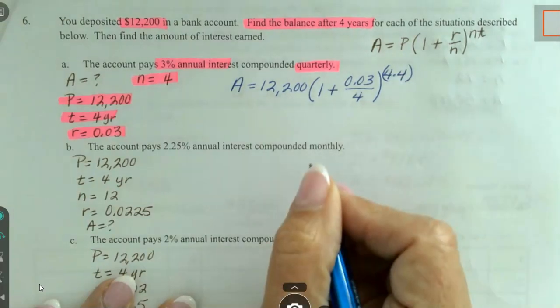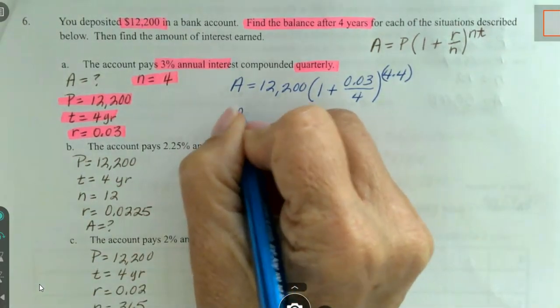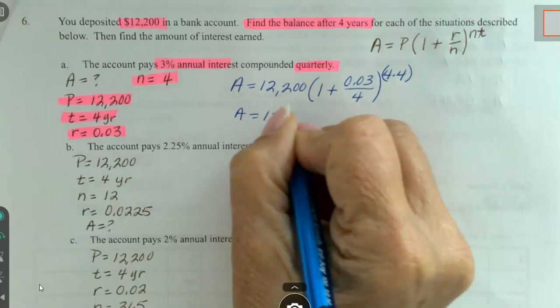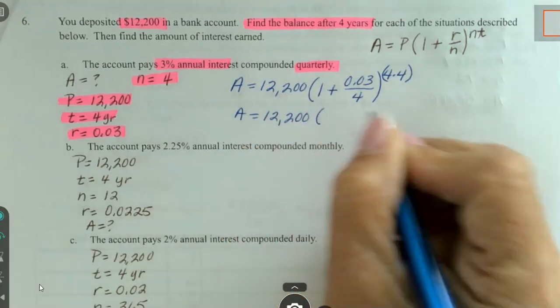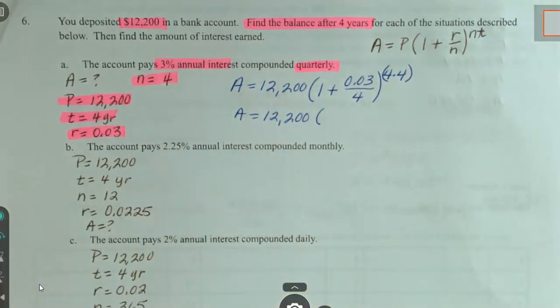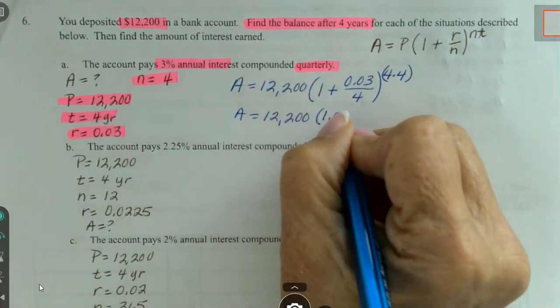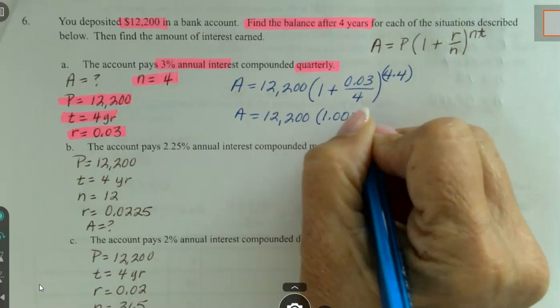When I put this into my calculator, I might want to simplify that down a little bit. The first thing I'm going to do is take 0.03 and divide it by 4, and then add 1 to that number. So this is 1.0075.